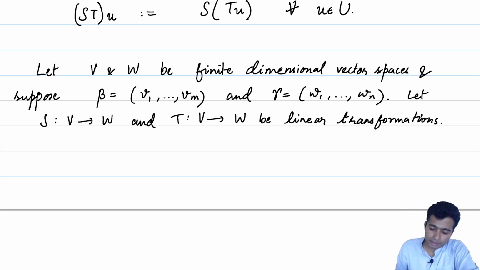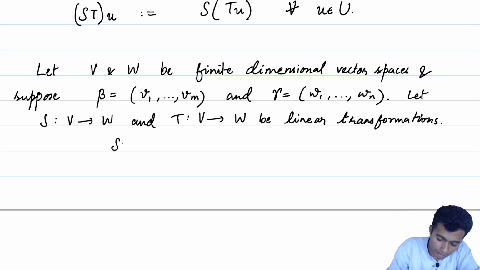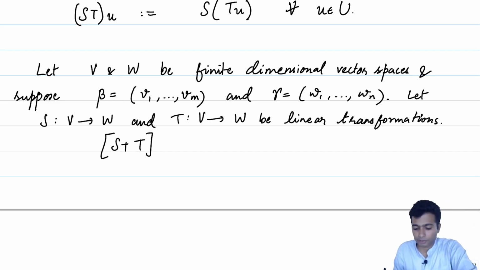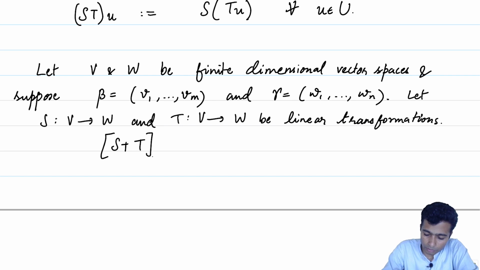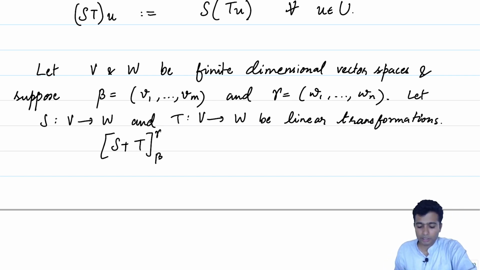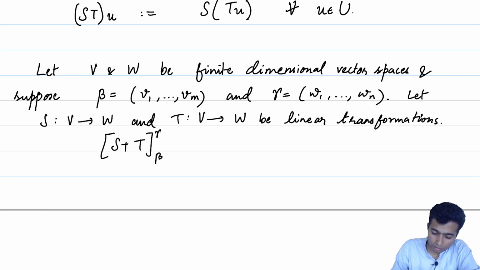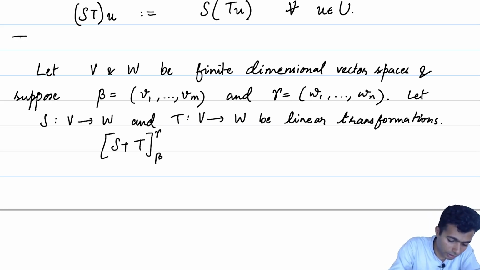So here we have S and T, two linear transformations from V to W. We also know that S plus T is a linear transformation from V to W. Now we would like to know what is the matrix of S plus T with respect to beta and gamma. Let me start off with a statement like this: proposition.